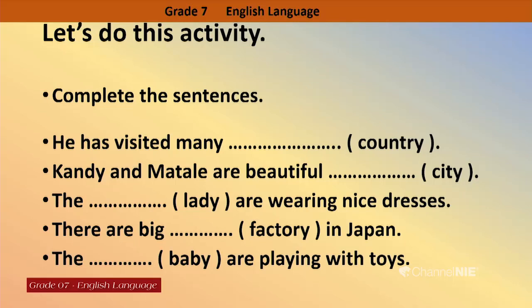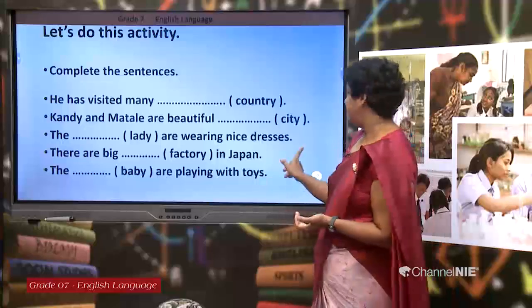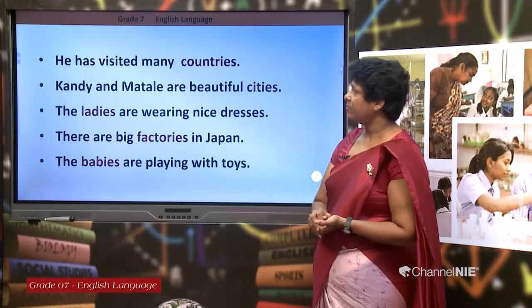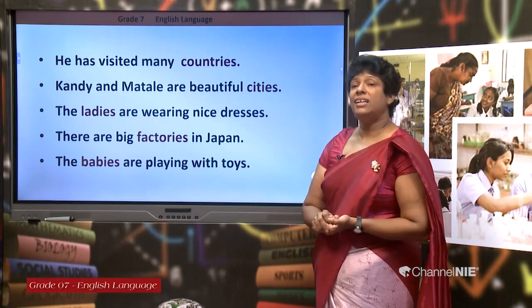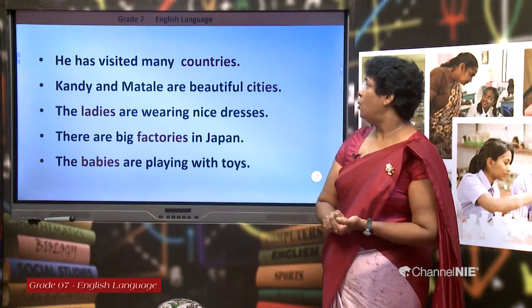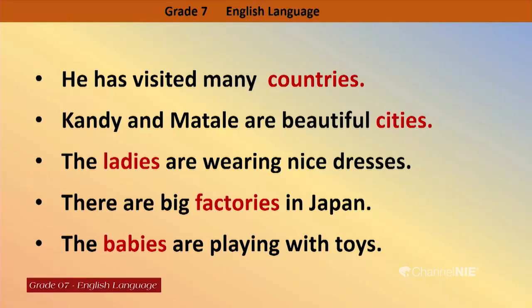Now you can see the words, all you have to do is write the plural of it, and you learnt the rule, so let's see the answers. He has visited many countries. COUNTR, Y is not there, IES is added.